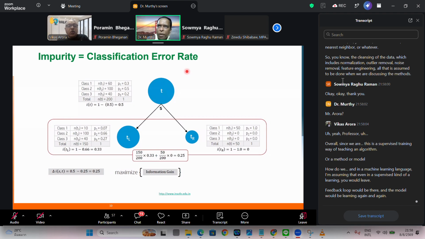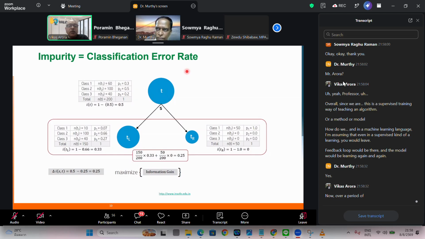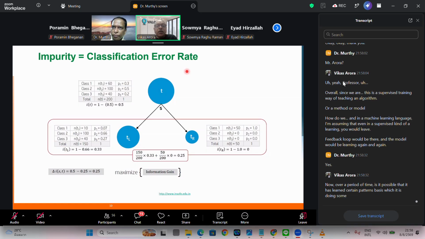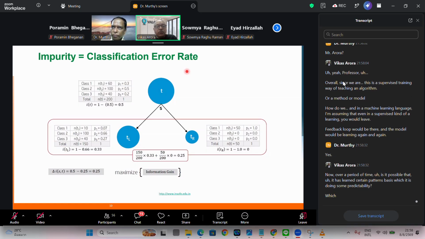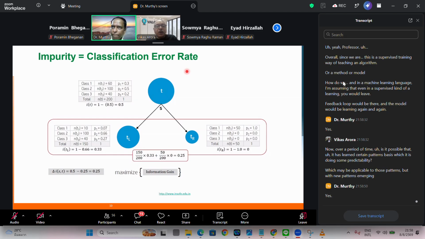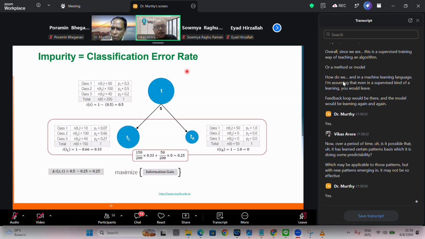Now, over a period of time, is it possible that it has learned certain patterns basis which it is doing some predictability, which may be applicable to those patterns, but with new patterns emerging it may not be so effective. So, how do you address that?